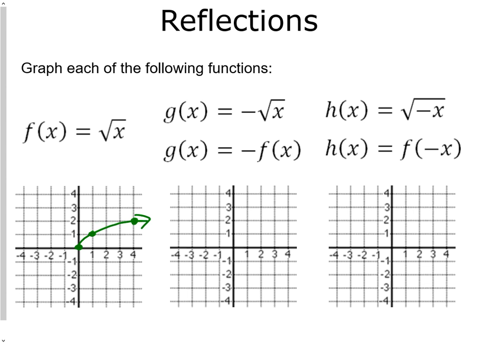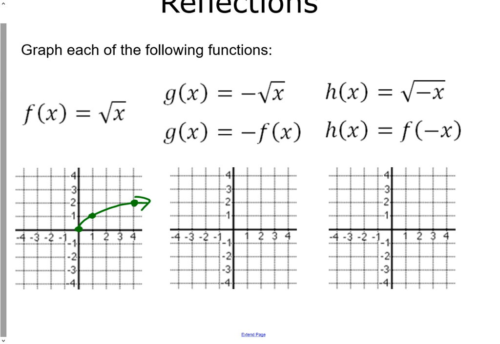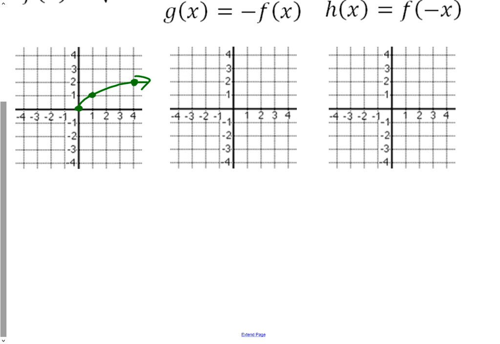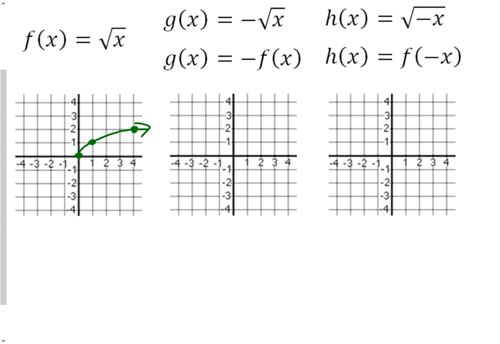So the negative sign means that we're taking all of our y values, our output values, and we are multiplying it by -1. And so what you should have noticed with Desmos is that we end up with a reflection, and that reflection happens in the x-axis.